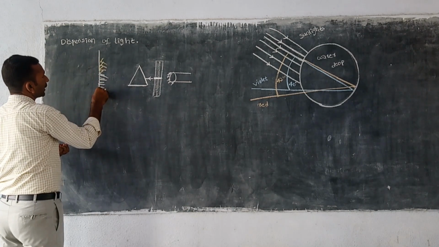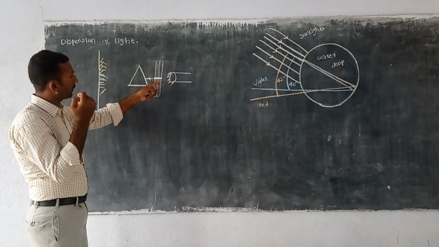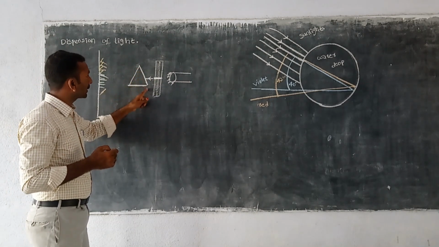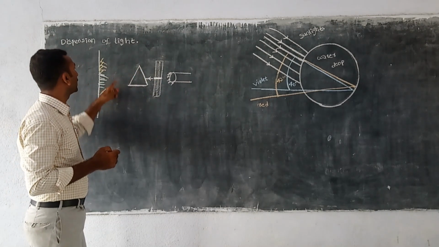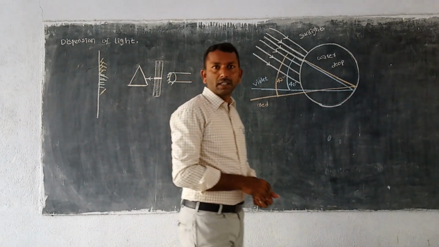What is the reason for that? Only one color of light is coming from the hole, and after it falls on one lateral surface of the prism, different colors appear on the wall. What is the reason for that?